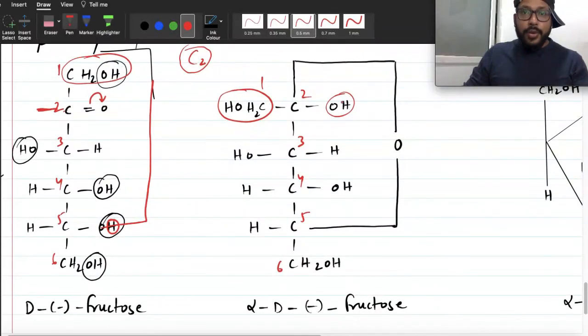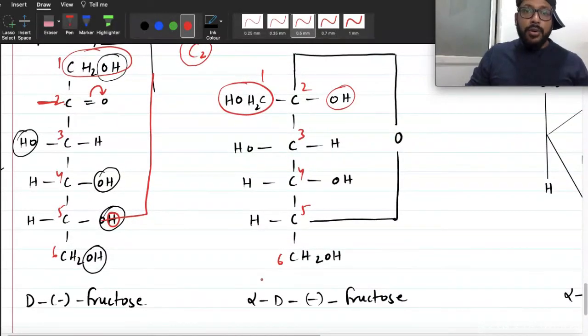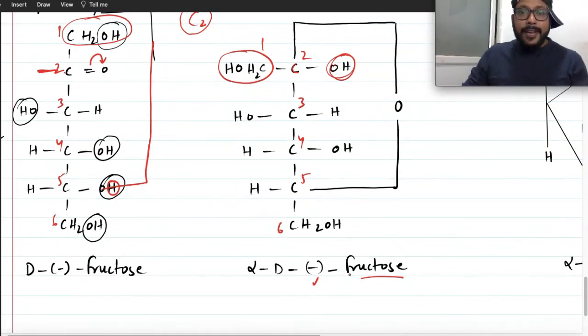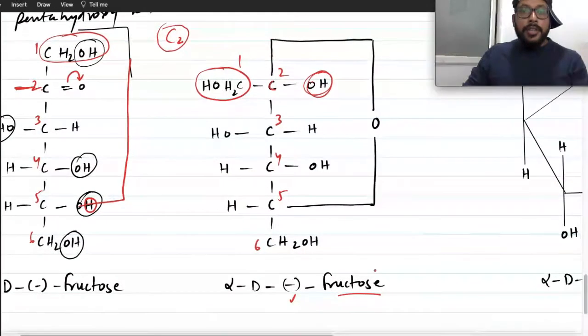So OH at the right-hand side is called alpha. If OH is present toward the left-hand side and the CH2OH is present toward the right-hand side, so this OH, if present toward the left-hand side of the C2 carbon, is recognized as beta D negative fructose. Negative sign represents that this is levorotatory in nature. All fructose is levorotatory in nature.